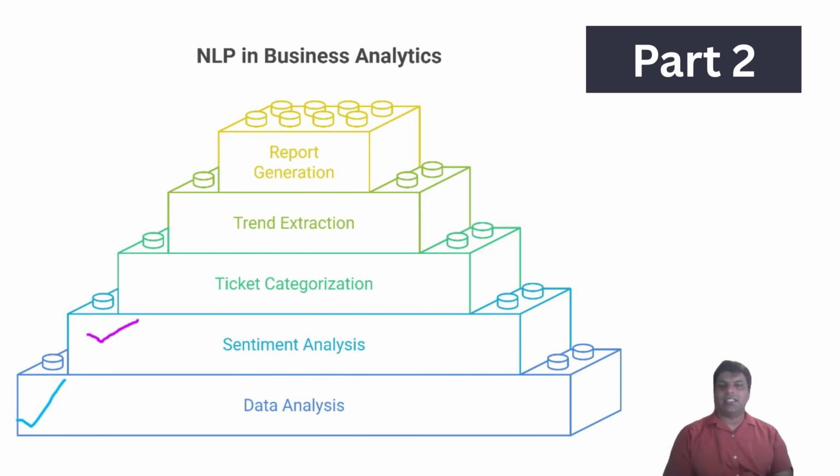Okay, next we discuss sentiment analysis. So this is important to identify whether the tone of the text is positive, negative, or neutral, for example on social media, surveys and customer reviews.